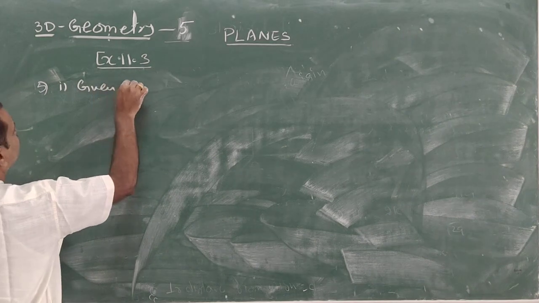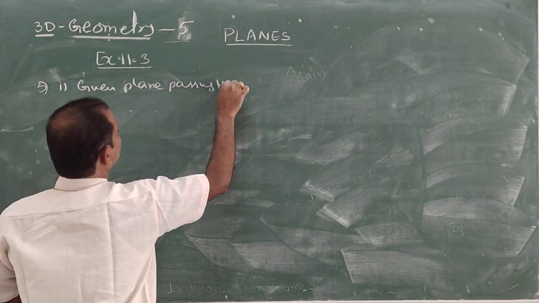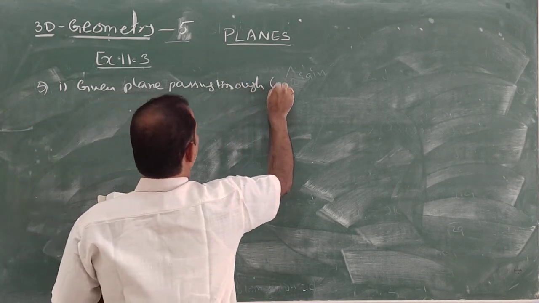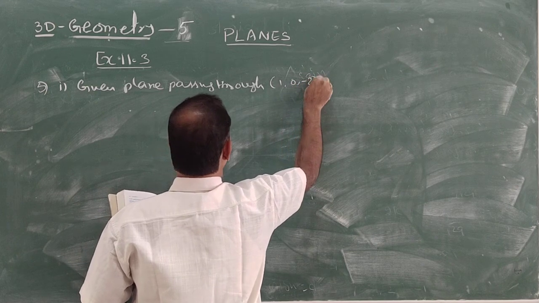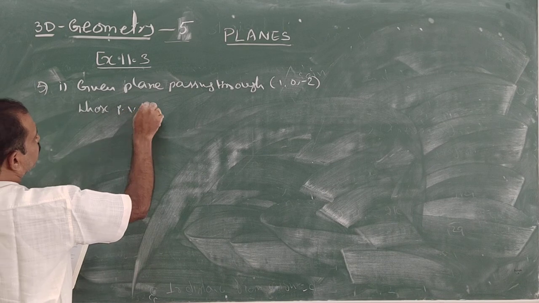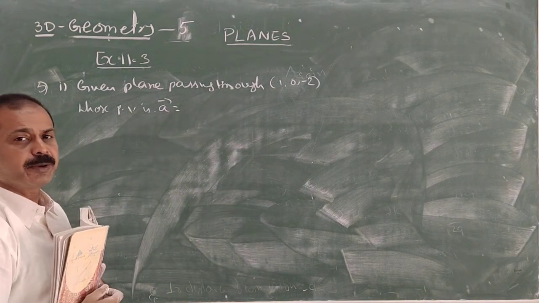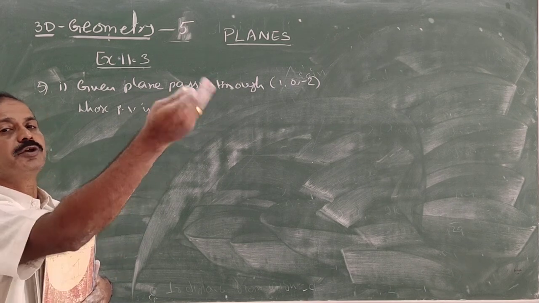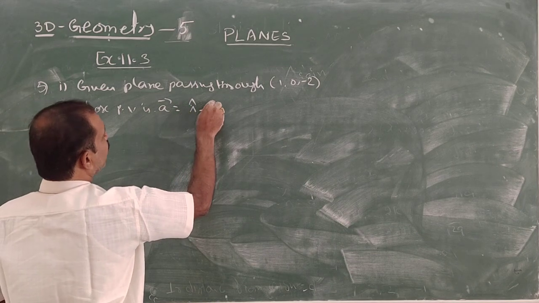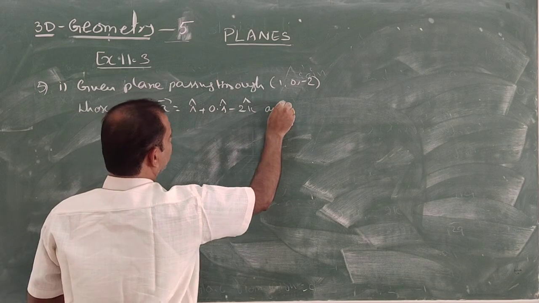The plane passing through 1, 0, -2 has position vector A equal to, when it is passing through a point, you have to find the position vector also. That is nothing but A is equal to i plus 0j minus 2k.